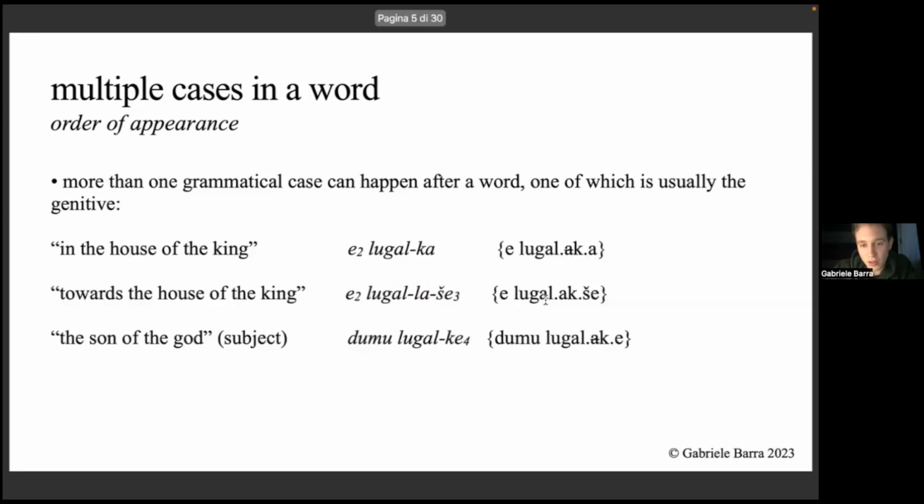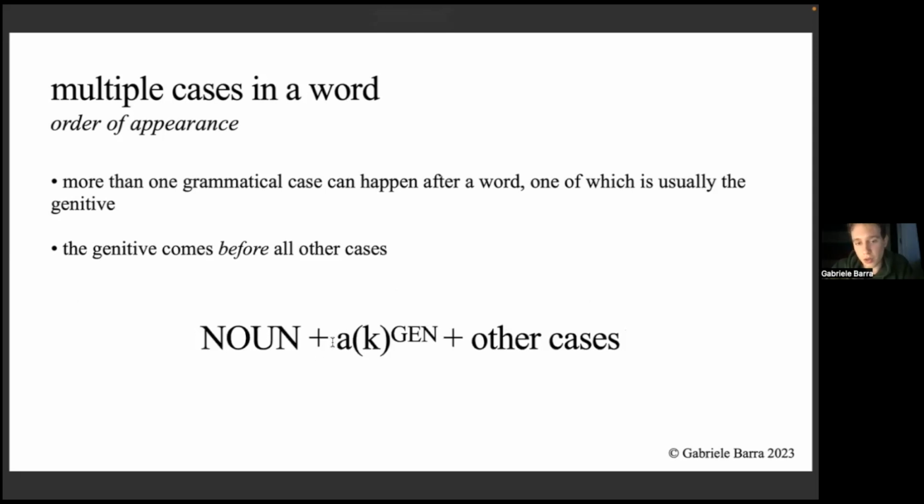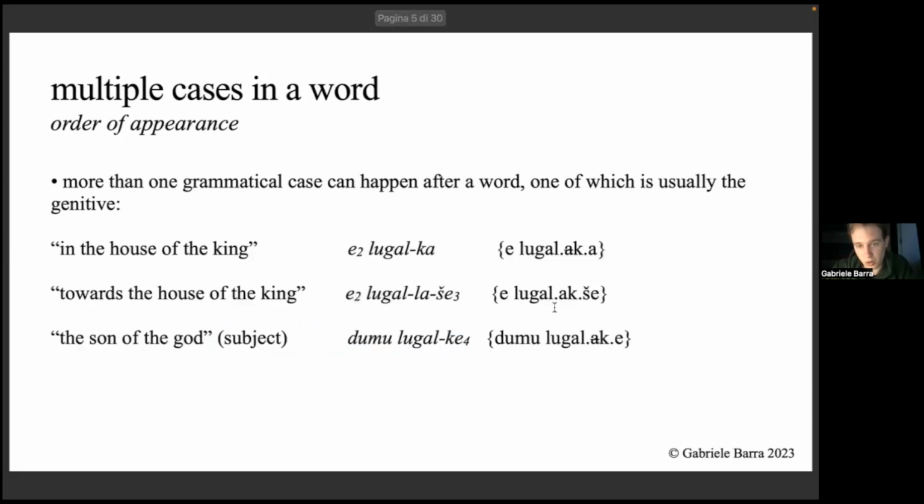So the genitive works in this way. This is how the genitive usually appears. After a noun, if the noun ends in a consonant, then you only add the a, and you never add the k. So in cuneiform writing, you add the a, not the k, and you continue the last consonant.